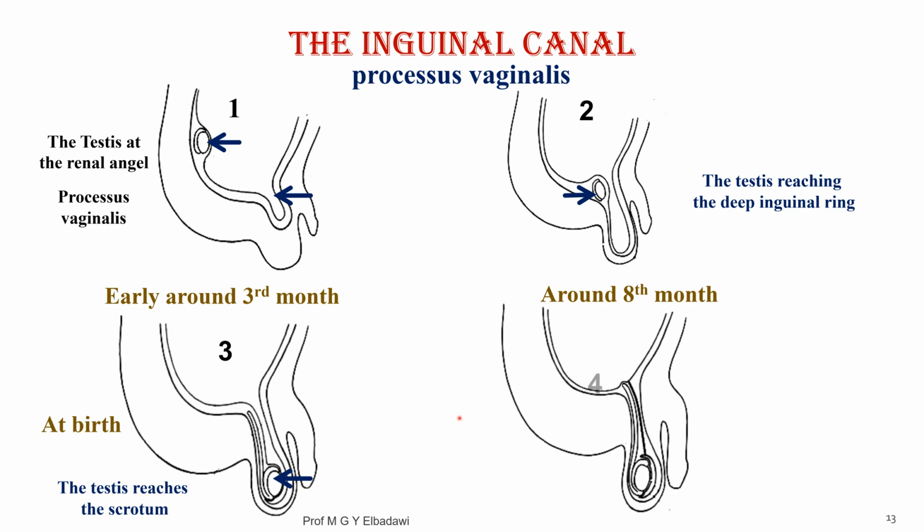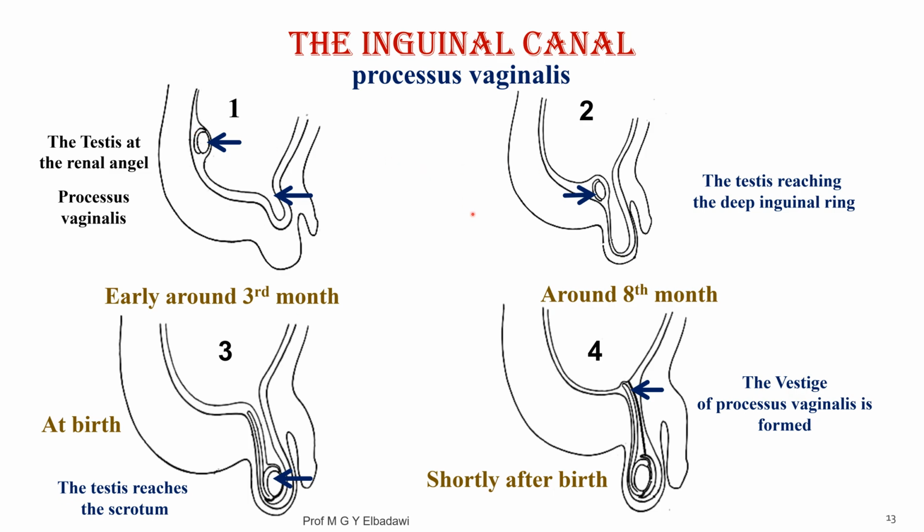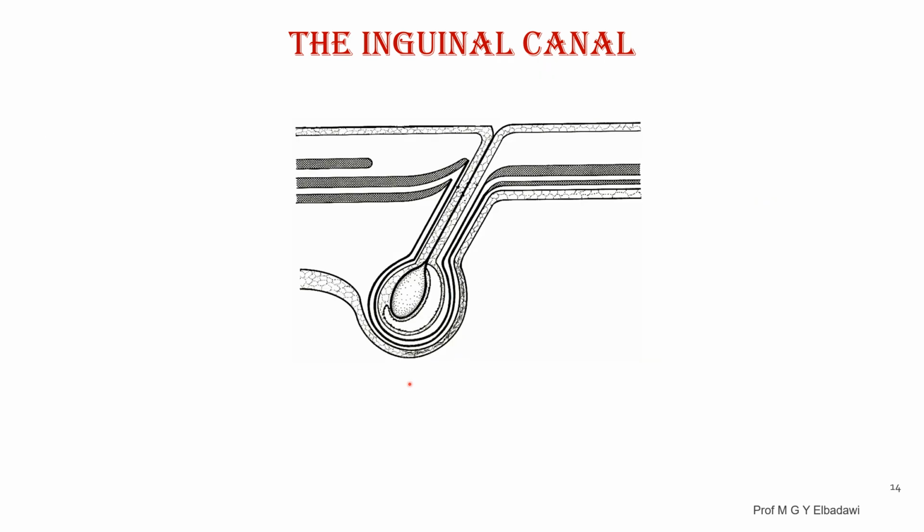The last stage here, which is shortly after birth, you can see the testis surrounded by a part of the processus vaginalis, which we call the tunica vaginalis, and this is the vestige, a fibrous band, which is the collapsed processus vaginalis here. We call it the vestige of the processus vaginalis. Those are the stages of that tubular peritoneal recess.